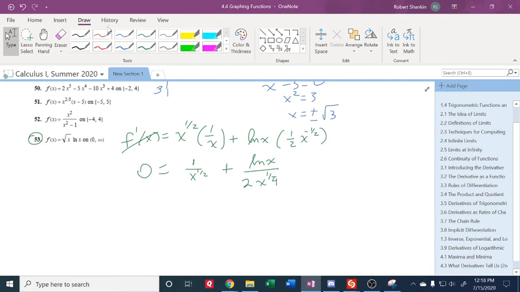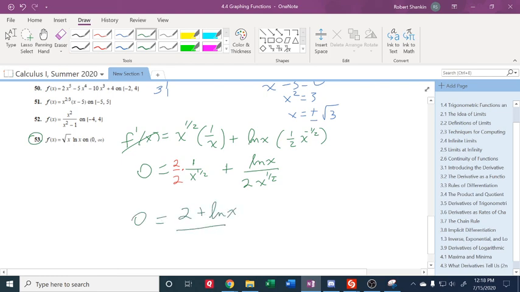Before I do anything else, though, it's easy enough to get common denominators. So what I have is one fraction.